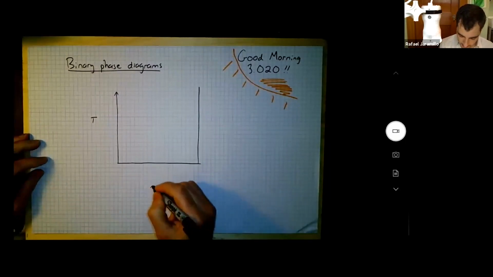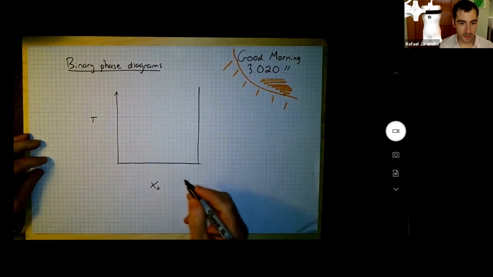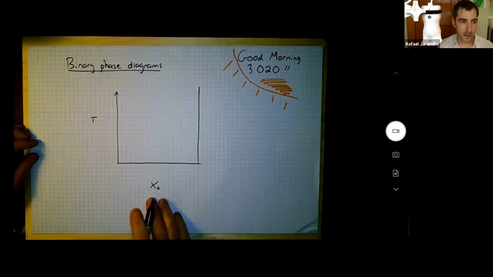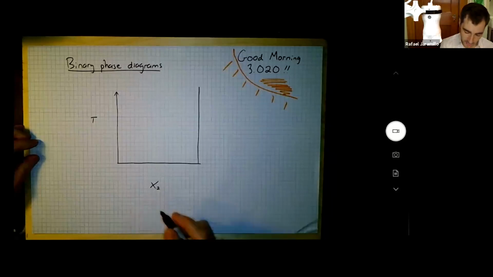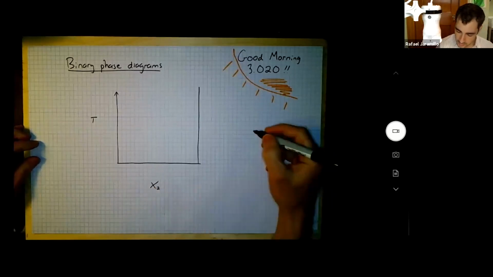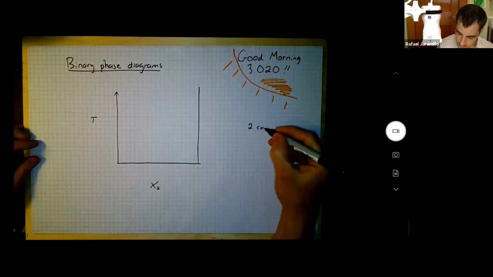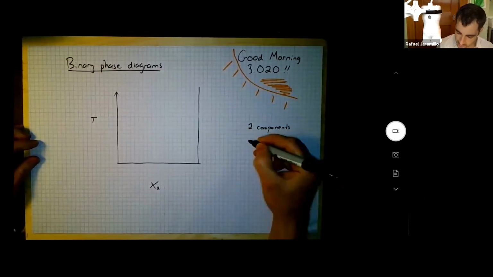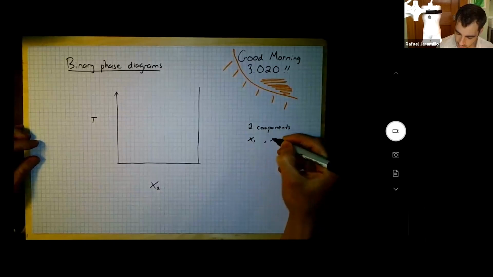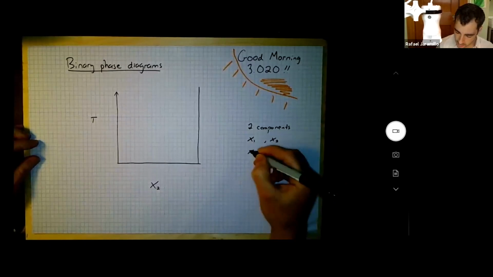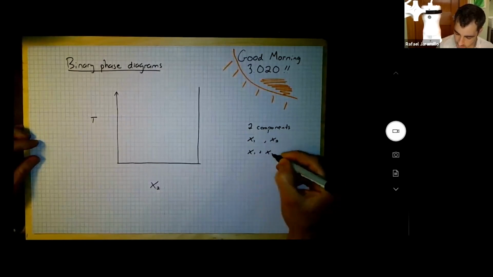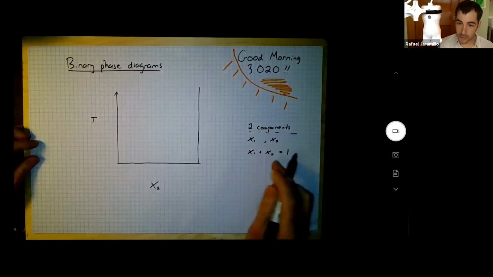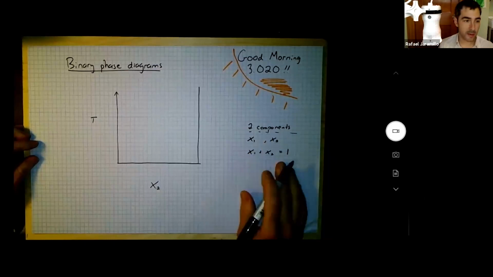And normally it's plotted like this, with temperature on the vertical axis and mole fraction on the x-axis. So if we have two components, we have x1 and x2, and we know that x1 plus x2 has to be 1 by definition. And so you have two composition variables, but only one of them is independent.